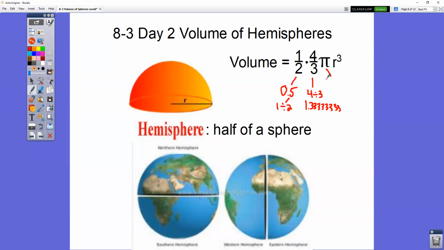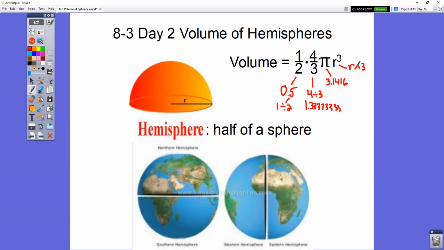Pi still stays pi, just like before. You could either use the pi button on your calculator or 3.1416. And then just like for spheres, this is your radius cubed. So you're going to do radius, whatever your radius is, caret button, and then 3.